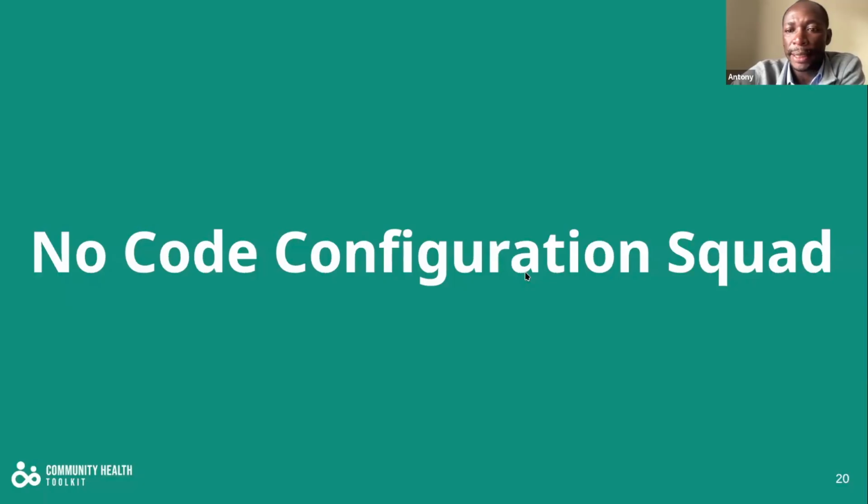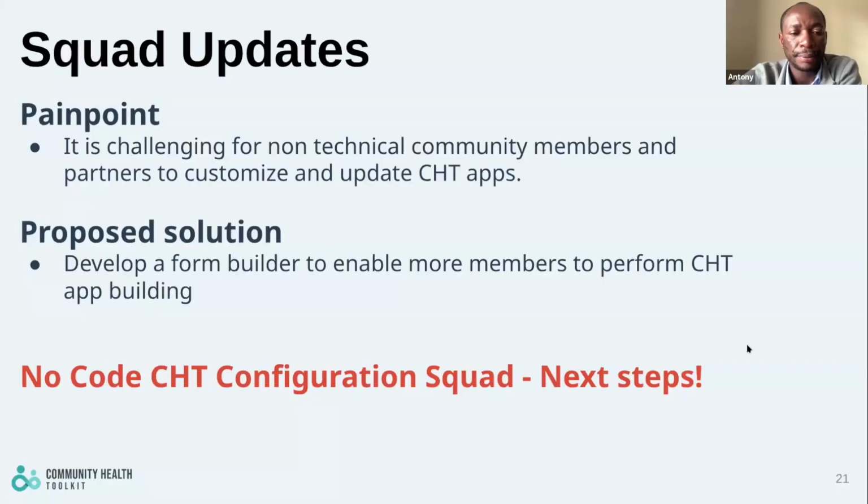So the next one is a short update on the no-code configuration squad. Let's move to the next slide. I think all of you are aware of our CHT community squad model, where based on the need from the community, we are able to form a working group just to work on that need.